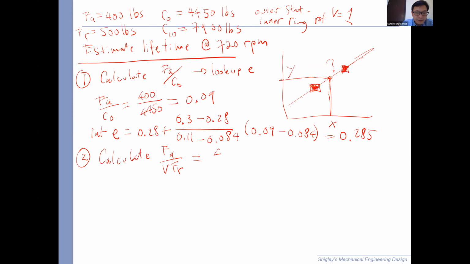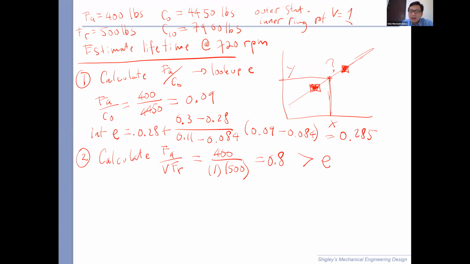Calculating this, 400 divided by 1, inner ring rotation, times 500 is 0.8. It is greater than E, definitely greater.